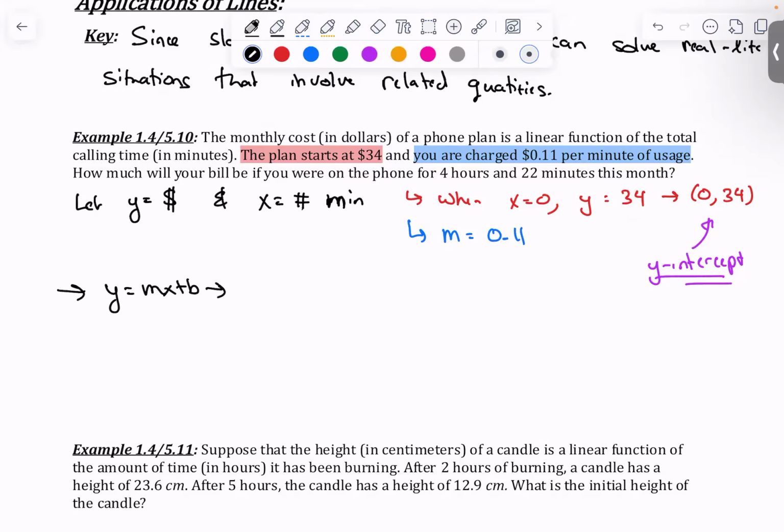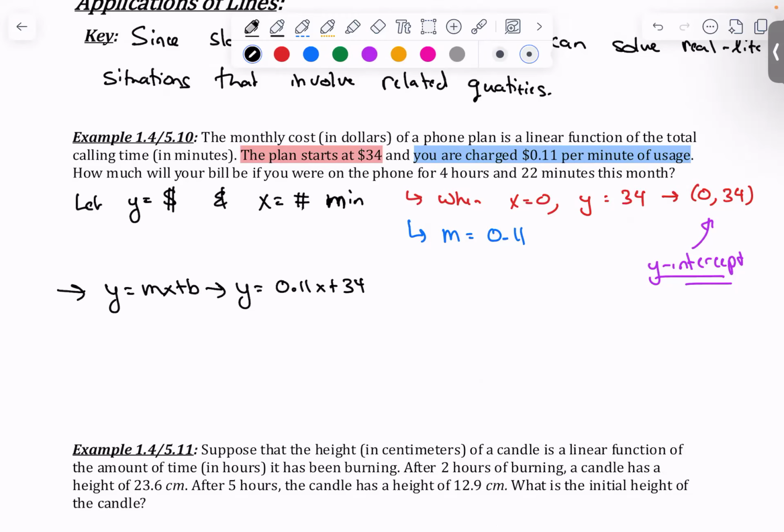So it's going to be y equals 0.11x plus 34. All right. So we found the equation that models the cost of our plan in number of minutes. So if we are only on the phone for 1 minute, we'll be charged $34.11, and so on and so forth.